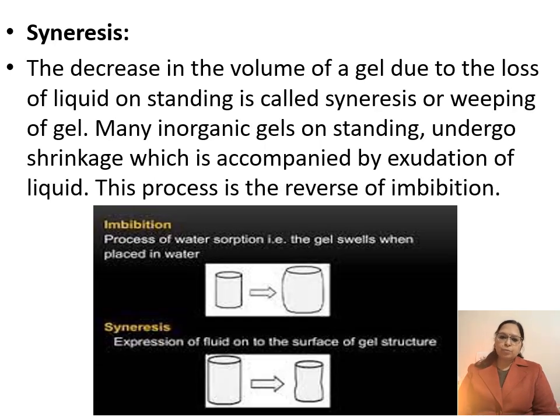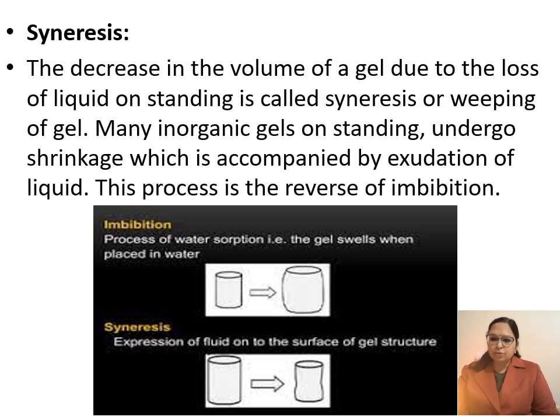Now, the next very important property is syneresis. In imbibition, the volume is increased, but if due to loss of liquid on standing, there's a decrease in the volume of gel, then this phenomenon is known as syneresis or weeping of gel. Many inorganic gels on standing undergo shrinkage, which is accompanied by exudation of liquid.